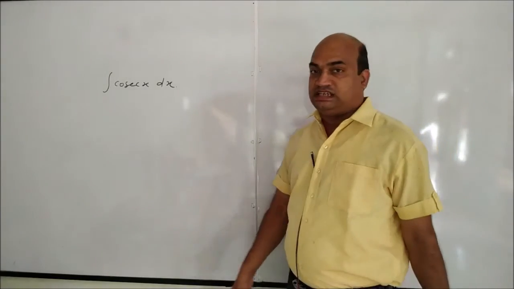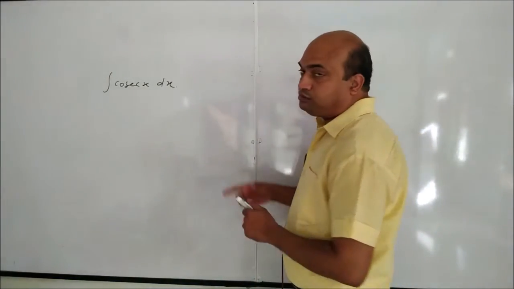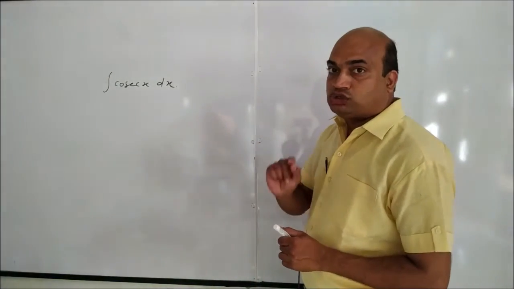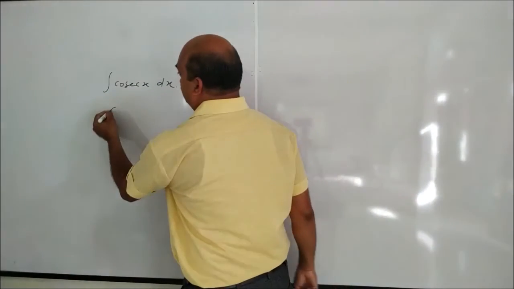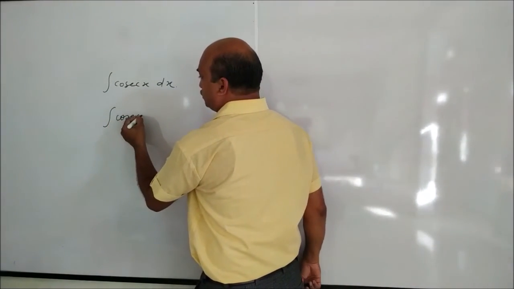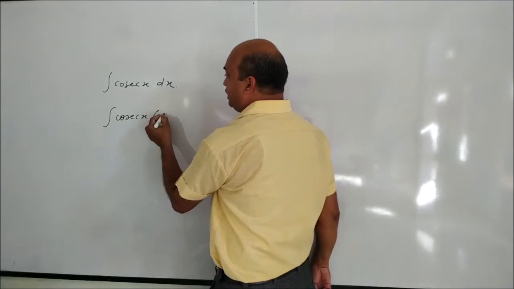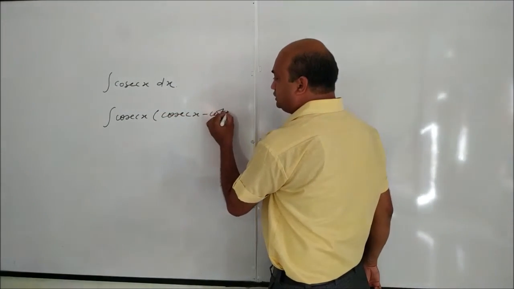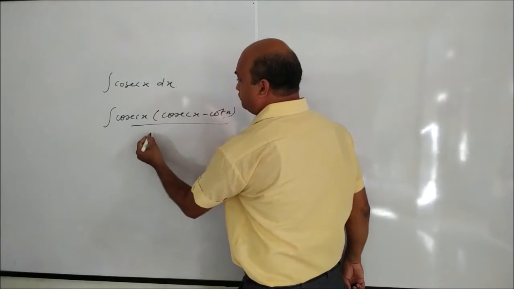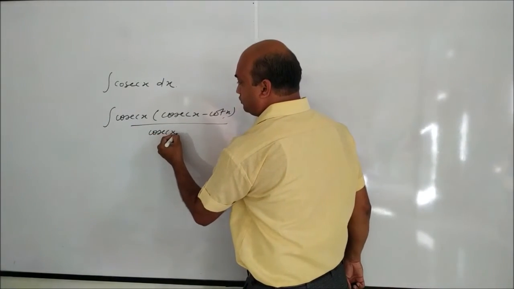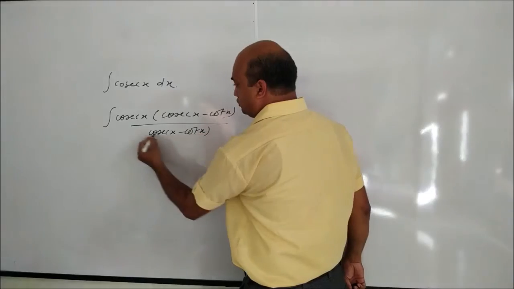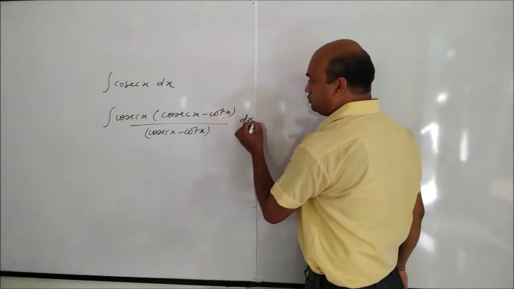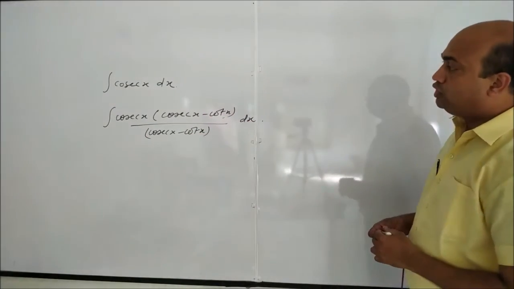Integration cosec x dx. What we do here? Multiply and divide by cosec x minus cot x. Integration cosec x, you multiply it by cosec x minus cot x and divide by the same. Now what we do?